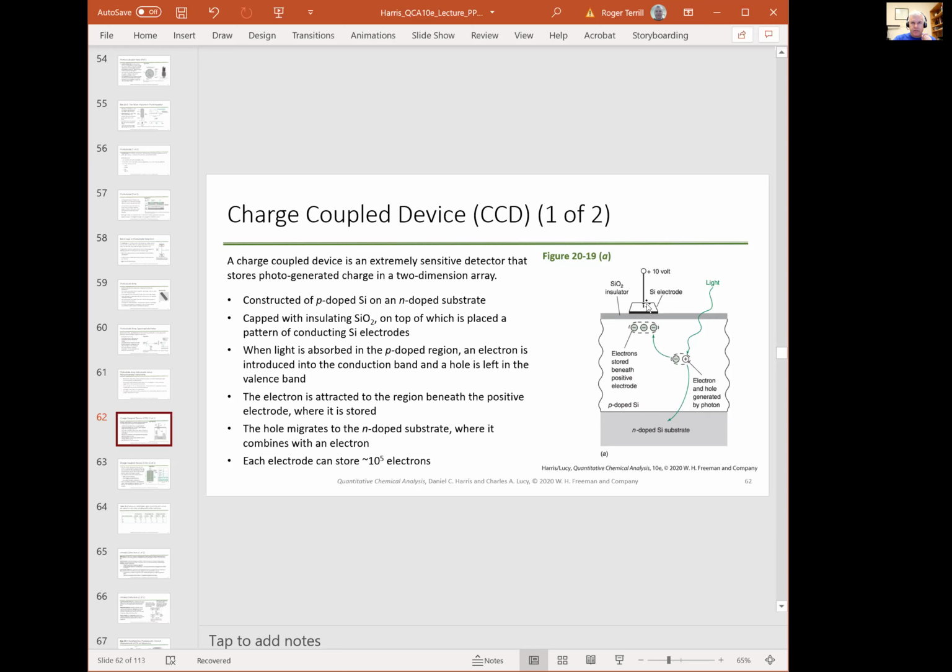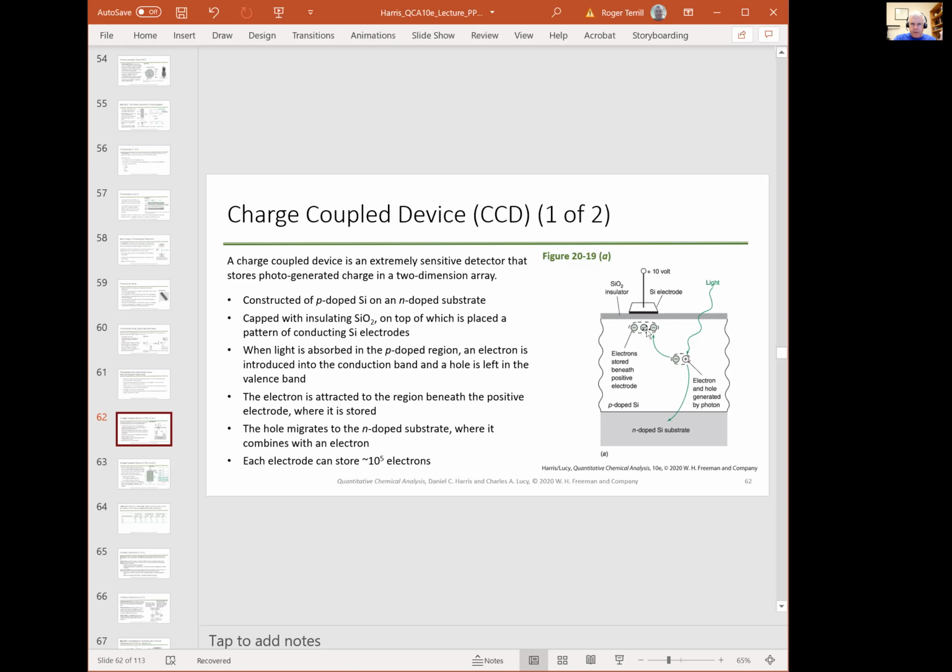So here's a capacitor. It's MIM, metallic, insulating, and then metallic. Now this side is special. It only becomes metallic after light falls on it and charges accumulate.